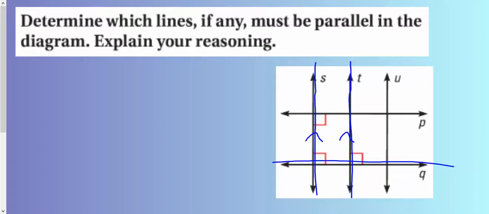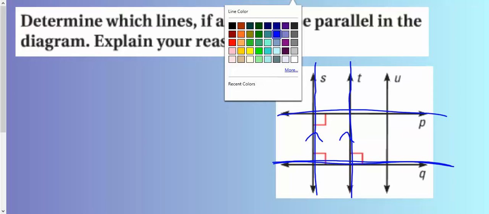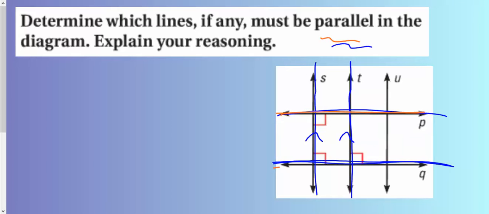And then P and Q, I notice these consecutive interior angles are supplementary, so P and Q are also parallel, using same side interior angles being supplementary. And I don't have enough information about T and U, so I can't say anything about T and U, nor S and U. So I would just say P and Q, and S and T are parallel.